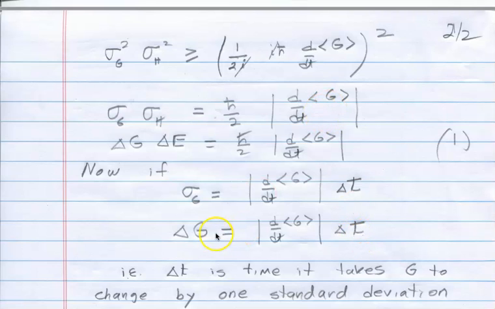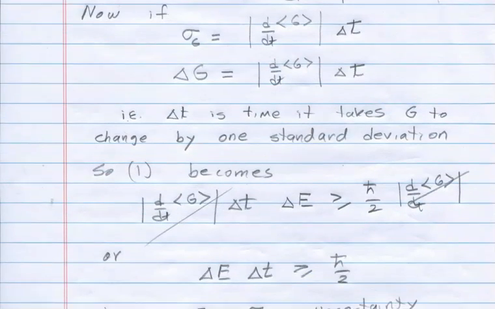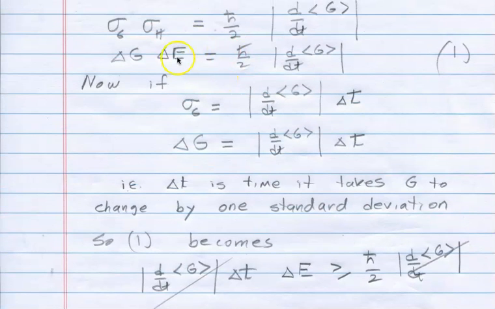And I can replace that on this side over here, usually just via the propagation of error. So I've used the propagation of error formula for these uncertainties, where the total error in G, if G depends on time, is the absolute value of the derivative times the uncertainty or the error in the t measurement, its parameter.